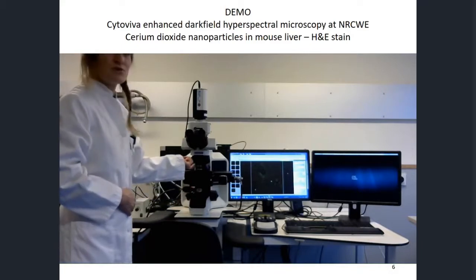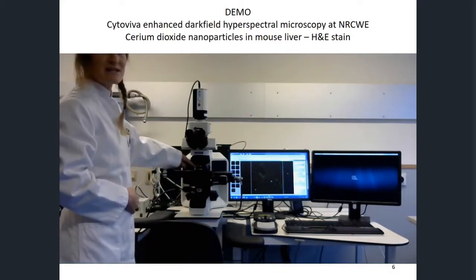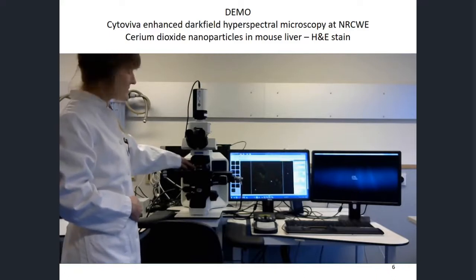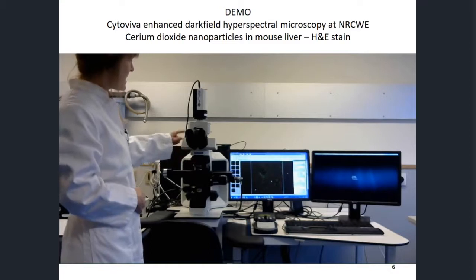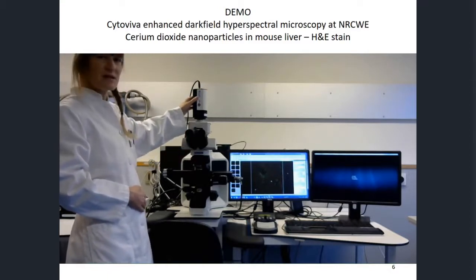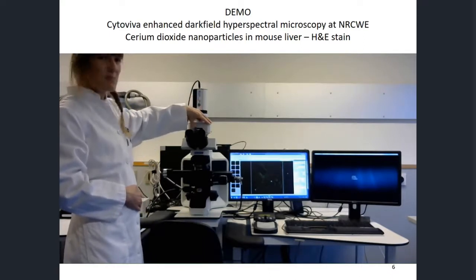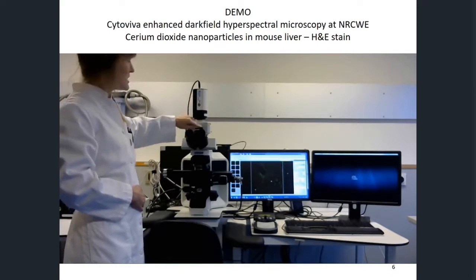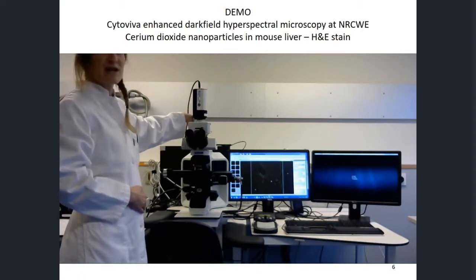It goes through your sample, and only the light that is scattered from the sample then goes through the objectives and is either recorded up here with the camera as an enhanced dark field image, or you can shift the light path here to go to the back where the spectral camera is to record a hyperspectral image.